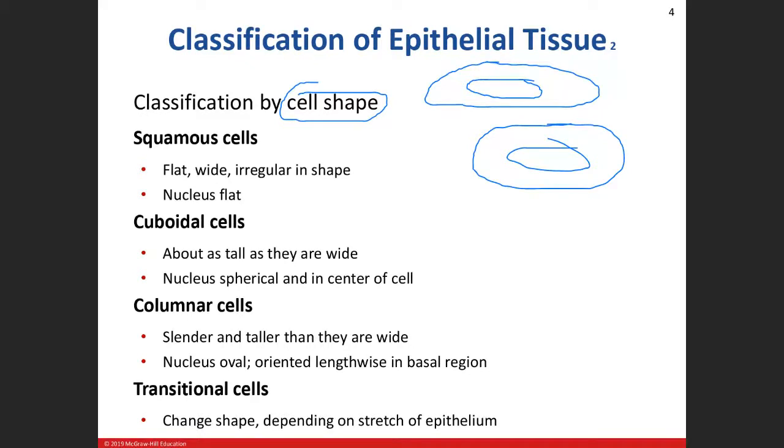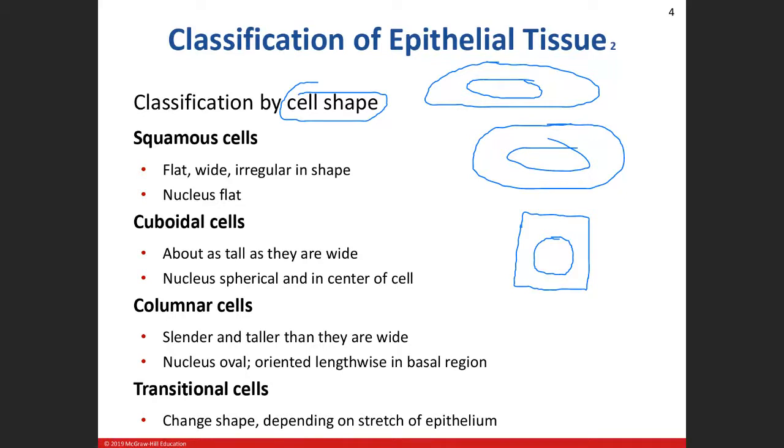Cuboidal, look at the word, cuboidal, is going to be in the shape of a cube. The cell is as tall as it is wide, and the nucleus, the control center of the cell, is directly in the center, and it's spherical. In general, not always, but in general, the shape of the nucleus is going to be similar to the shape of the cell.